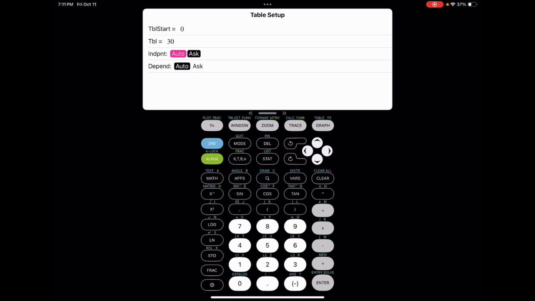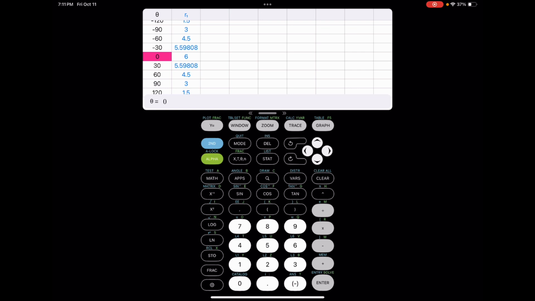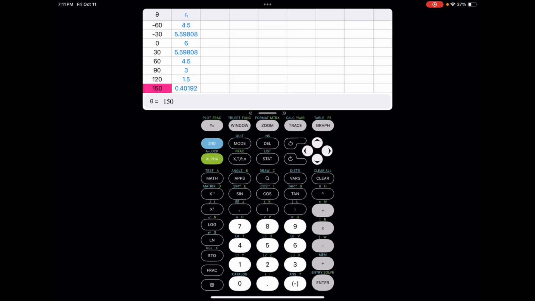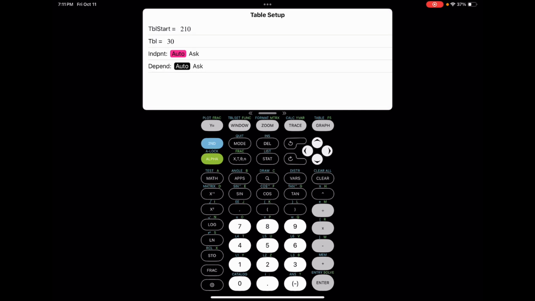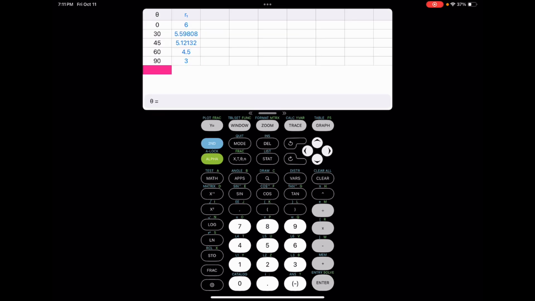If I highlight auto and then press second graph for the table, it fills the table by itself from 0 or a negative number, then 30, 60, 90, and gives you the r values. If I select ask, second window, then second graph, it will ask you for the angle you picked.